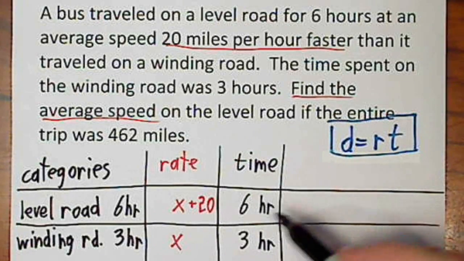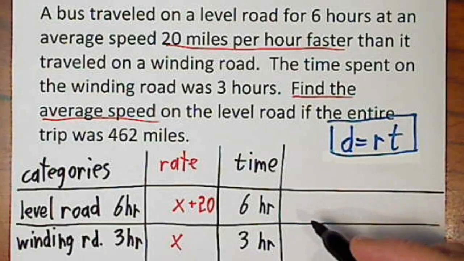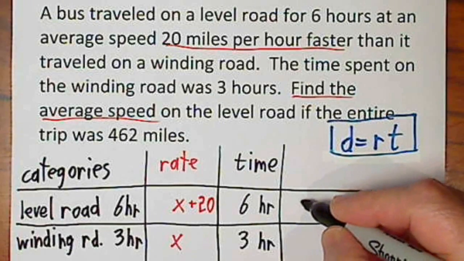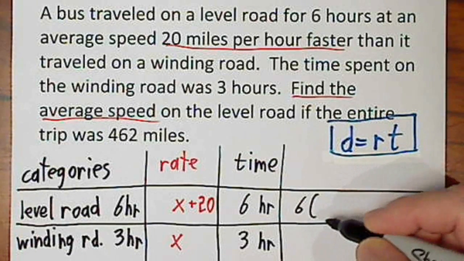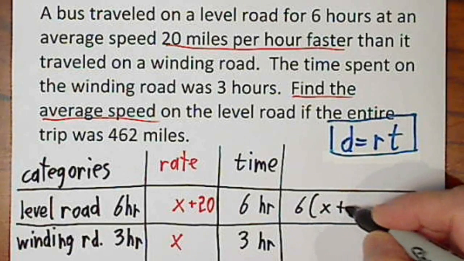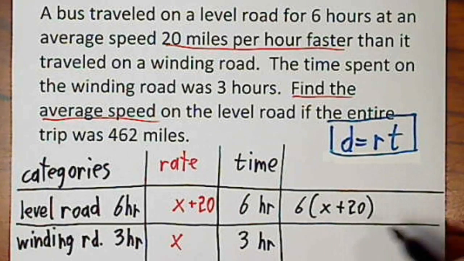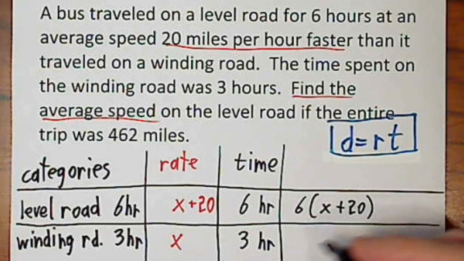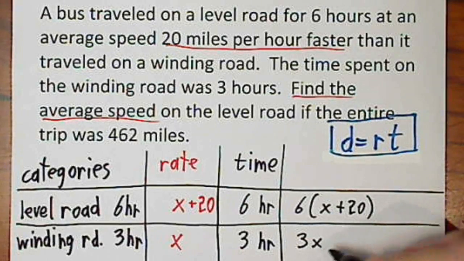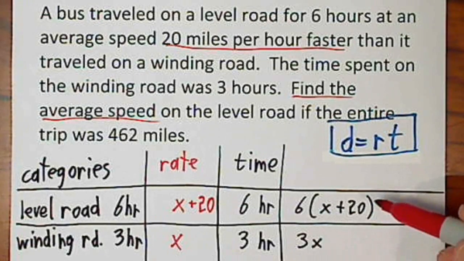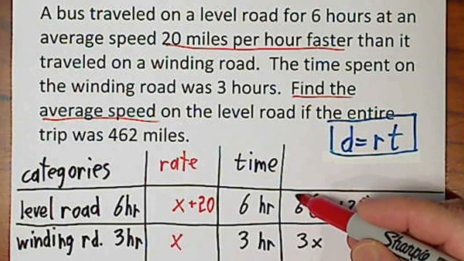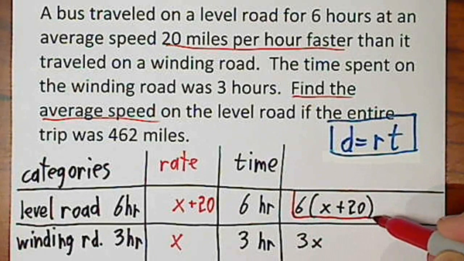So the rate is x plus 20 and the time is 6. And usually we would write that as 6 times the quantity x plus 20. And this would be 3 times x. Okay? And here's where you have to see that whatever this is, it's a distance.